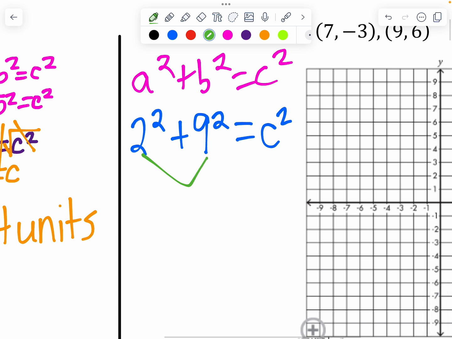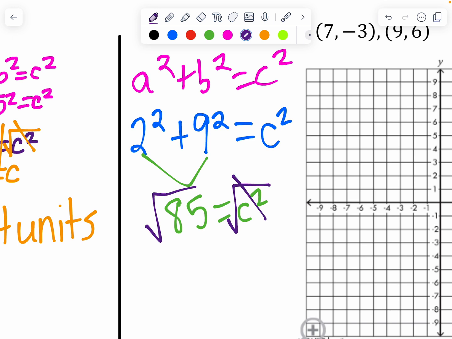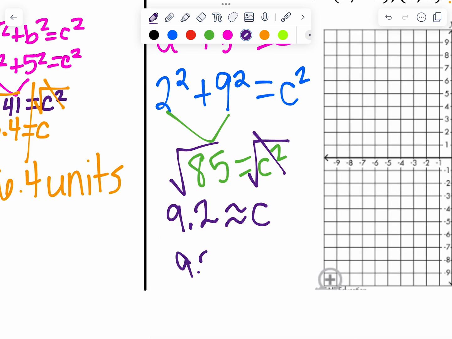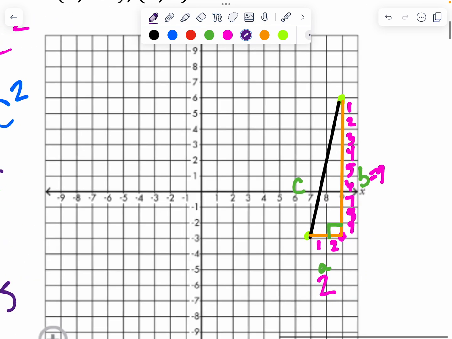So I put 2 squared plus 9 squared into my calculator, and I get 85 equals C squared. Is that my final answer? No, it is not. I got to square root both sides. When I do that, I get approximately 9.2 units. So C is 9.2.